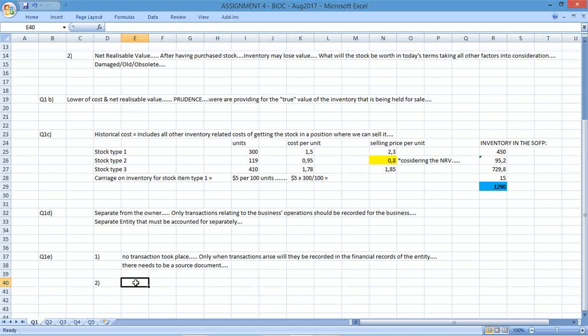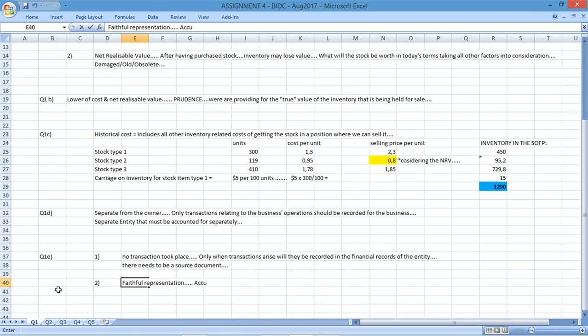Great. Number 2 says, state which concept you have applied in number 1. Well, if we're looking at recording transactions as and when they arise, there's a few things we could maybe consider here. The first would be accurate representation or faithful representation, in terms of transactions that are only recorded when they arise.